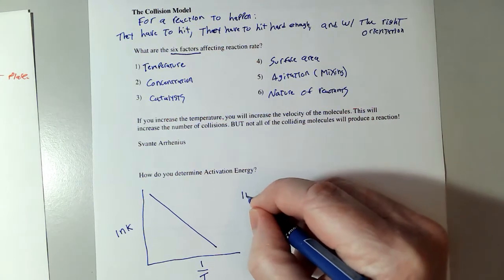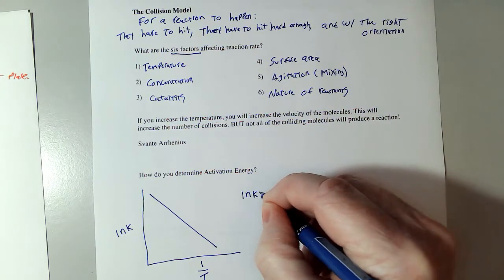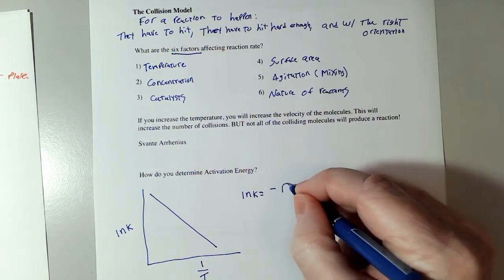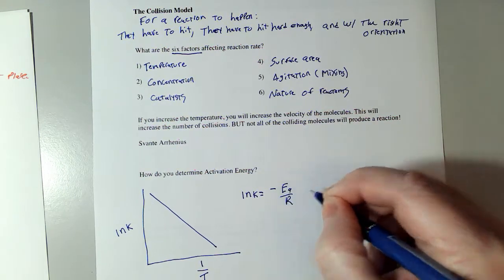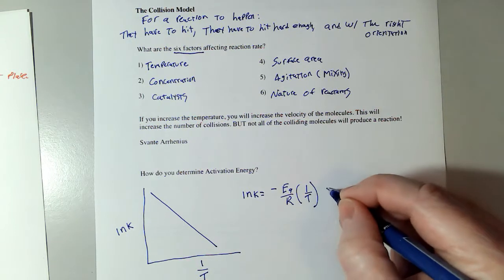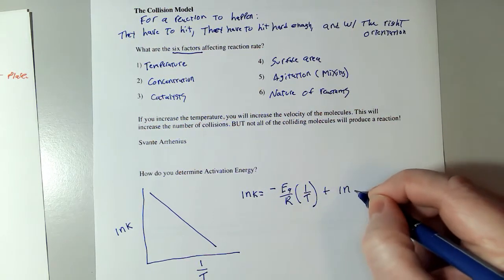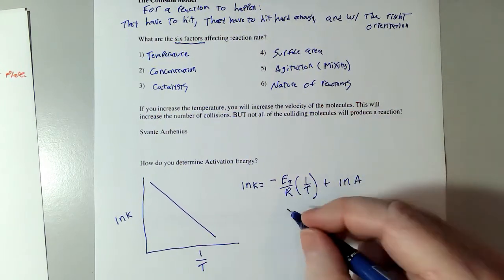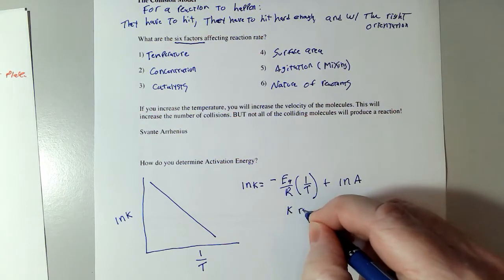So, the ln of K equals negative EA over R times 1 over T plus the natural logarithm of a constant. Now, K is the rate constant.